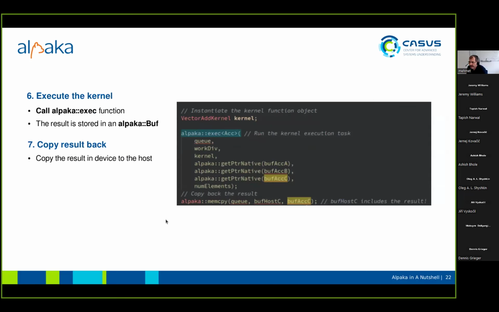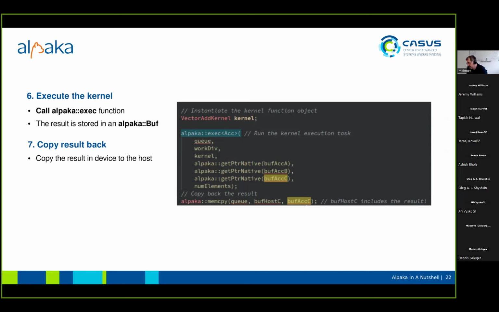Last two steps are executing kernel and copying the result back. Kernel initially is executed, or actually enqueued, in a queue, and result is copied back to the host. To execute kernel, exec function is used. Q, workdiv, kernel instance are first three arguments of exec function. The rest are the kernel arguments.